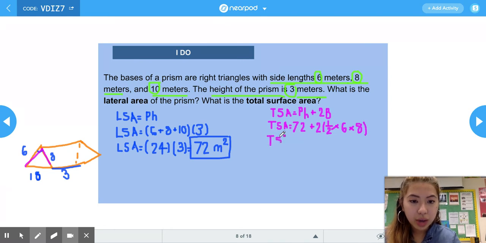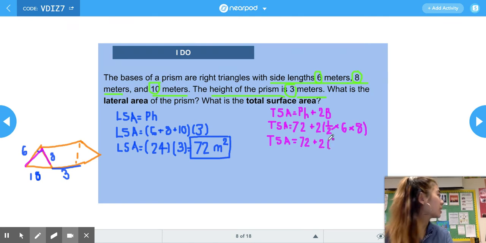So then we're going to calculate our answer. We have 72 plus 2 times half times 6 times 8.